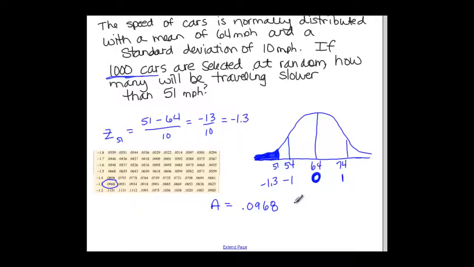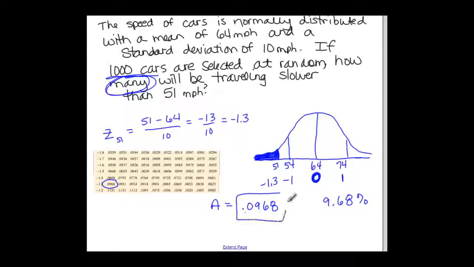Now, the percentage, let's say that they had said, what is the percentage of cars that are traveling slower than that? The percentage would be 9.68%. But they've asked us here, if 1,000 cars are selected, how many will travel slower? So how many we would get by, it's 9.68% of 1,000.